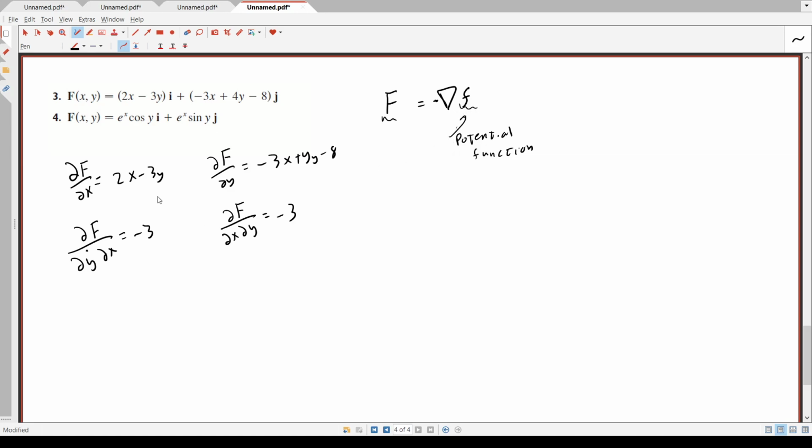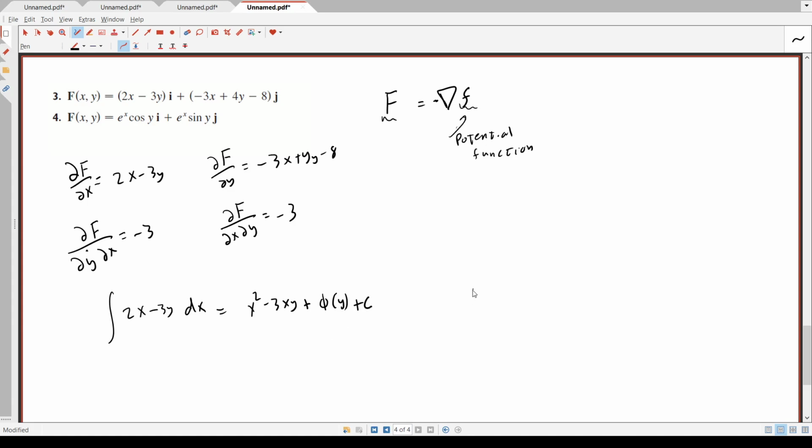And how do I find that? I do that by integrating each of these. If I integrate 2x minus 3y with respect to x, just an antiderivative, I get x squared minus 3xy plus some constant with respect to x. That could be some function of y, because it would vanish if I took the derivative with respect to x, plus some constant.